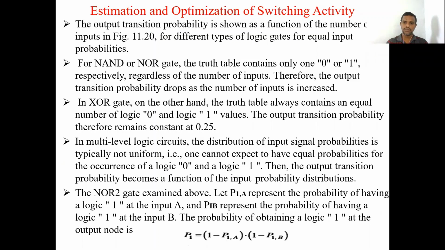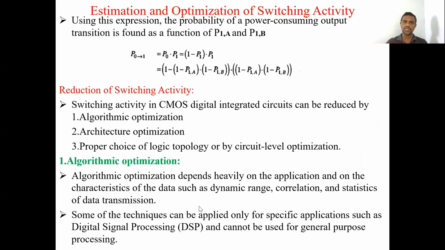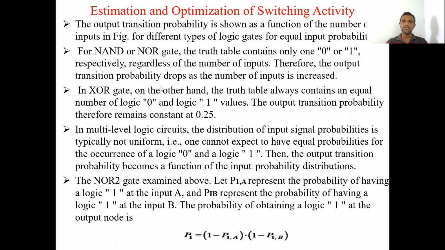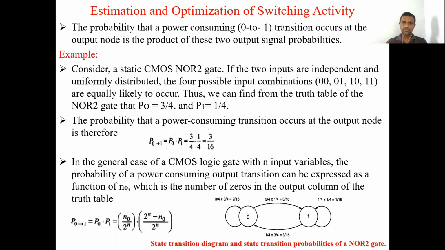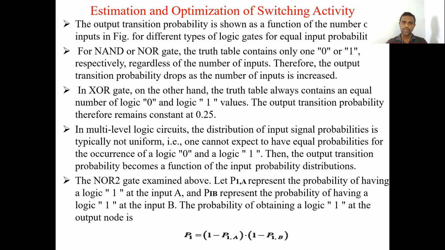Here we considered P1, so whenever logic 1 is obtained at A and at B, if you know their probabilities, you can calculate the probability of obtaining a 1 at the output side. The same values I am going to use here. So this is how you can estimate the switching activity, or how you can calculate the probability of power consuming transition.